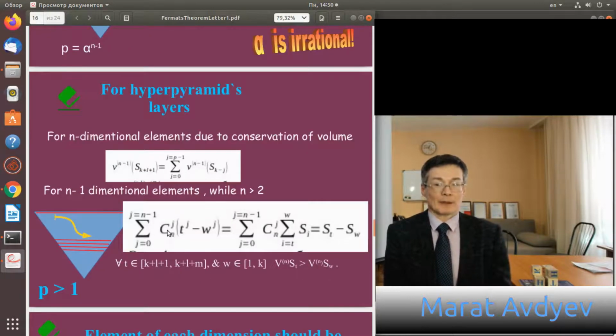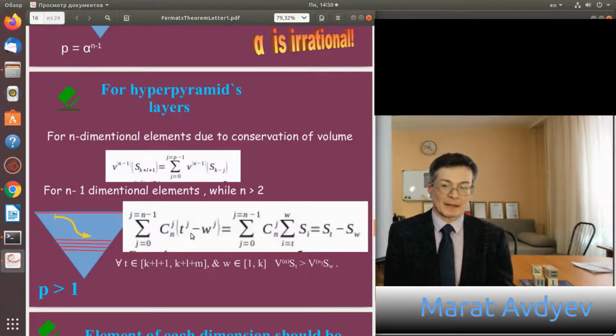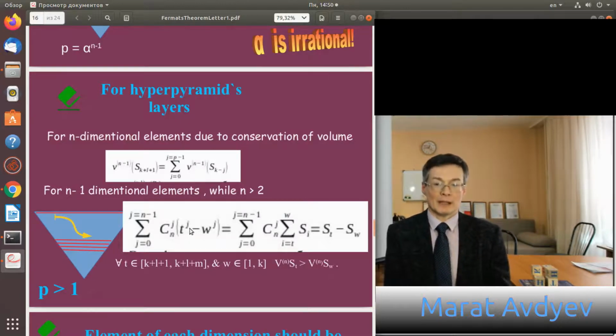Here you are. Binomial coefficient, this subtraction t power n, v power n equals another. This is the subtraction between layers t and v.